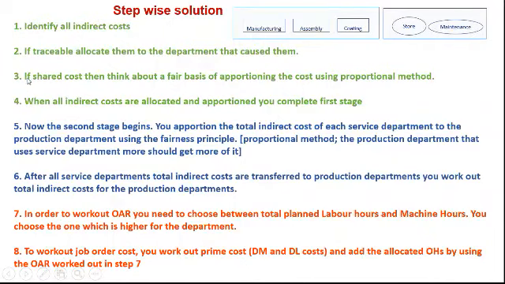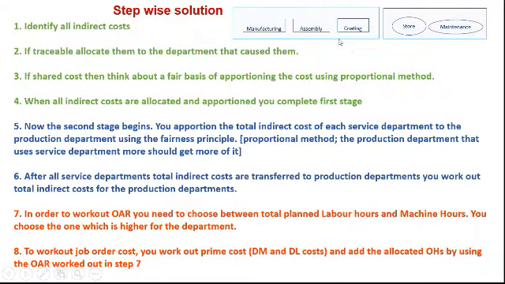Now, if some costs are shared costs, that is, you have only one total cost but you don't know how much should go here and how much should go there, then you think about a fair basis on which to apportion it.